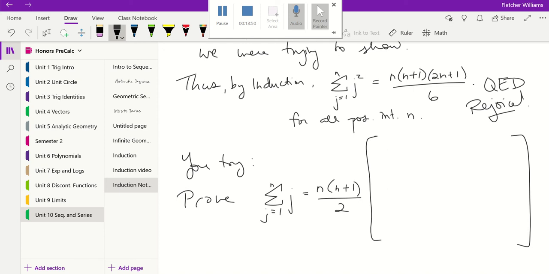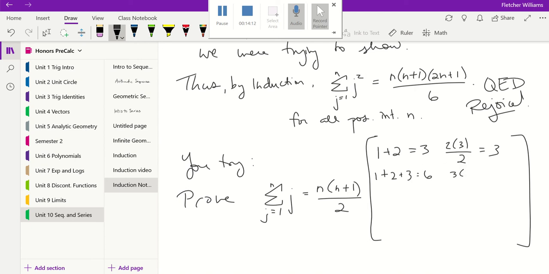So if you did, my pen's dying here. So 1 plus 2 equals 3. So you can see that 2 times 2 plus 1 over 2 is in fact 3. The formula checks out. 1 plus 2 plus 3, well, that's 6.